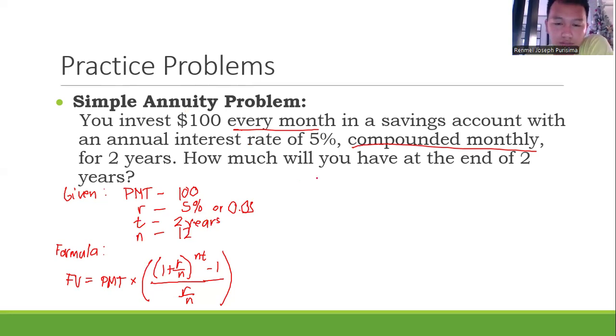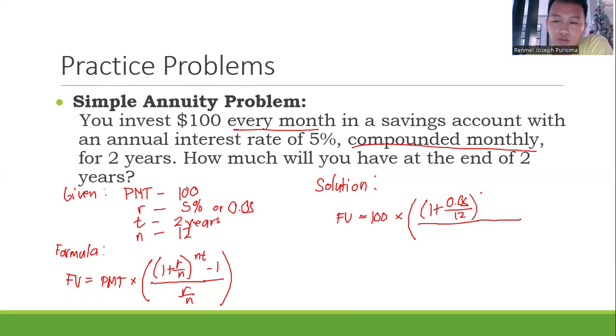Now for the solution, let's substitute. FV is equal to $100 times the quantity 1 plus r, which is 0.05, over n, which is 12, raised to n times t, which is 12 times 2, minus 1, over r, which is 0.05 over 12.